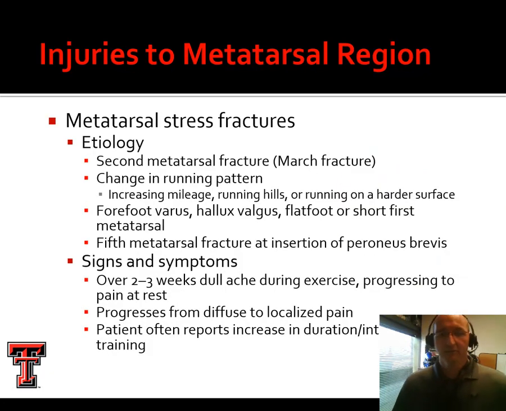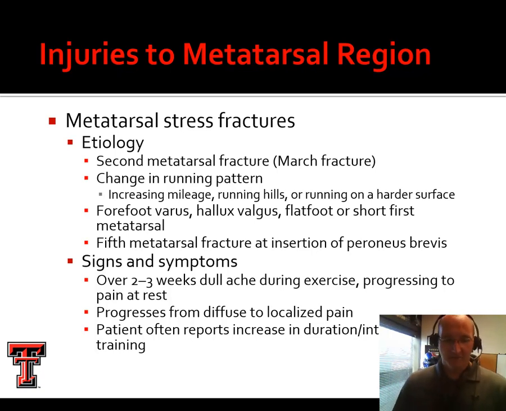Other metatarsal fractures can occur other than the fifth, and in the case of a non-traumatic stress fracture, we see that same progression. Just more activity leads to more pain. Less activity decreases pain. As these progress, they hurt all the time. Early on, they just hurt during activity.